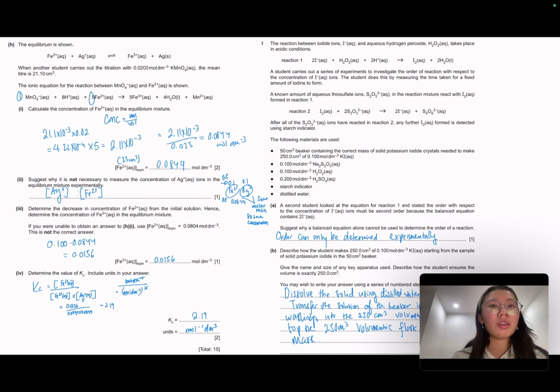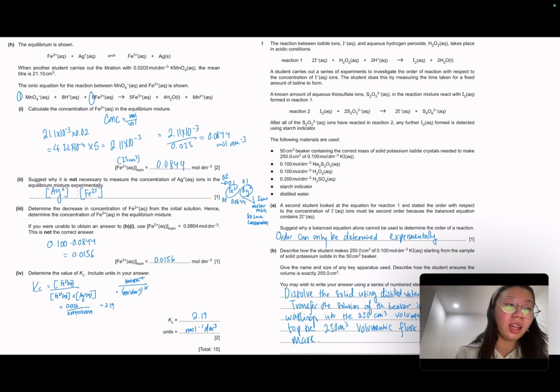Alright, okay, this one is fairly simple. Usually they require you to find the mole of something, and then you find the molar ratio, and then you find the concentration. The same thing in this case. So we are given the concentration and the volume for your manganate ion, right? So you just times it, 21.1 times 10 to the power of negative 3.